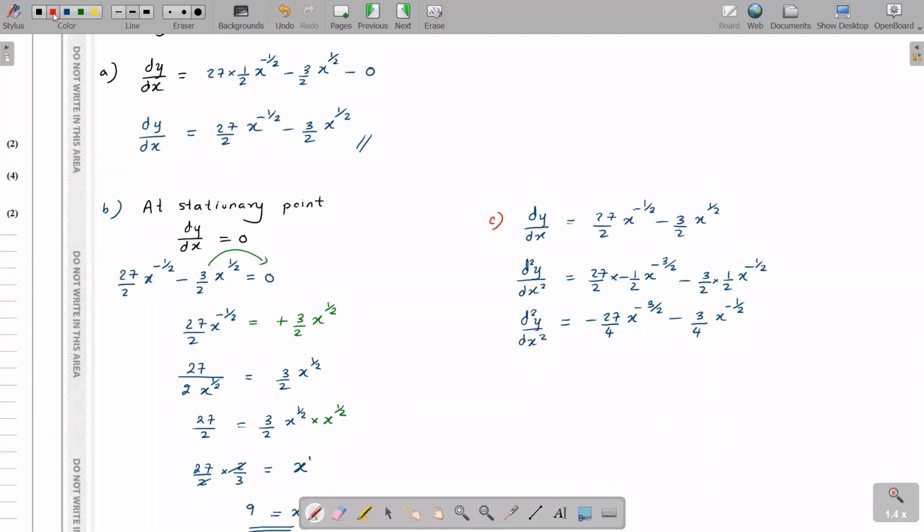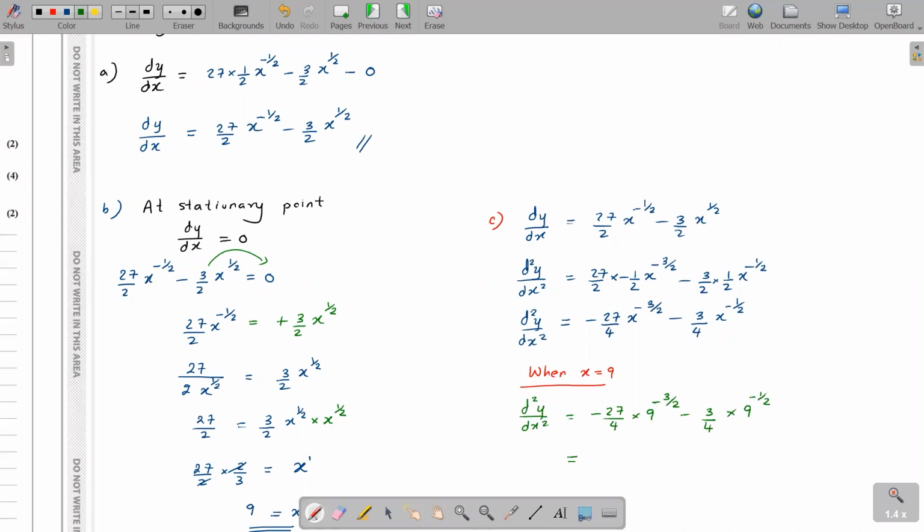So when you input the x value, d square y by dx square equals minus 27 over 4 times 9 to the power minus 3 over 2 minus 3 over 4 times 9 to the power minus half.